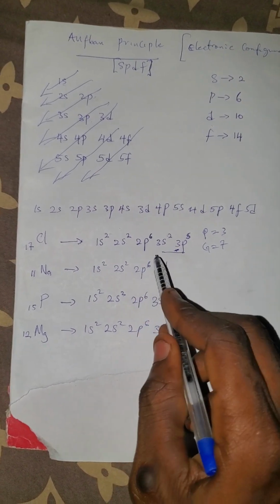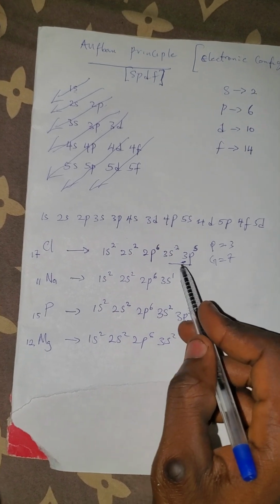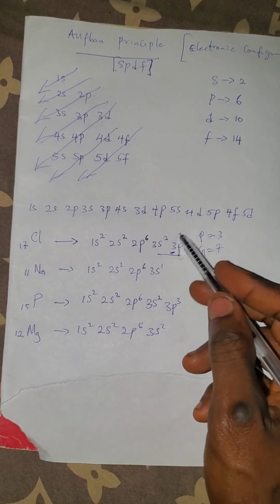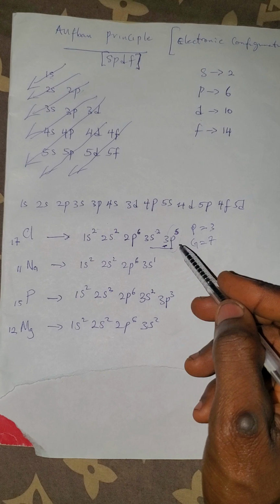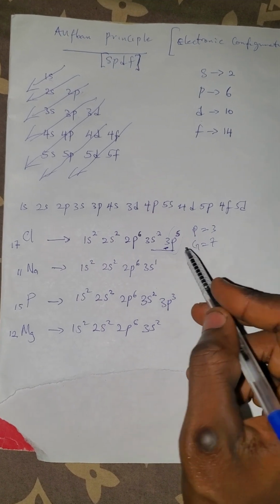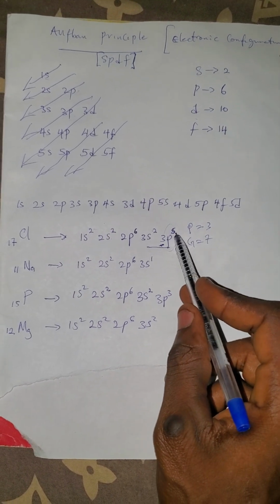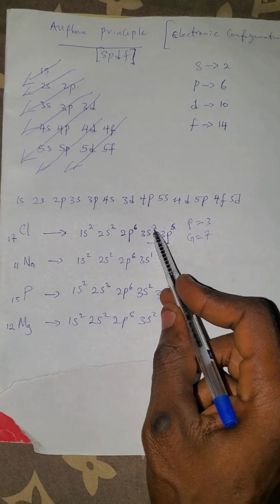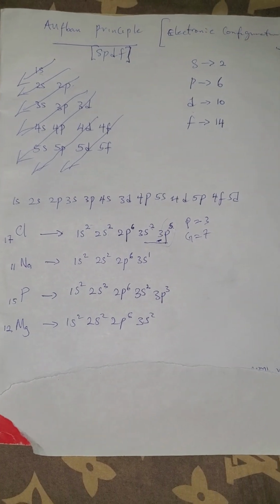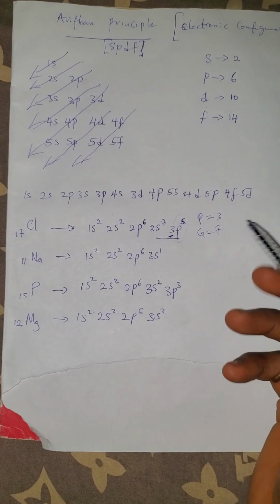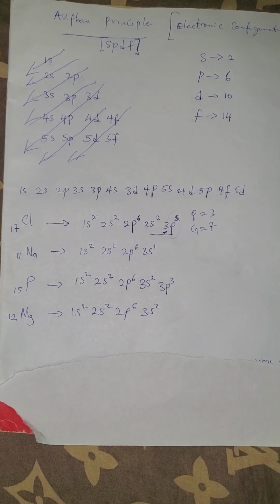If you have your electronic configuration like this, and the last orbit is yet to be completed, then you have to add it up. That will be 5 here plus the 2 here, making it 7. Though if it's complete, then you don't have to add again, like this one now.